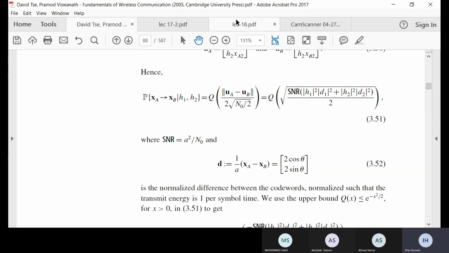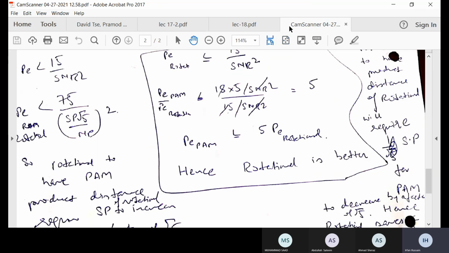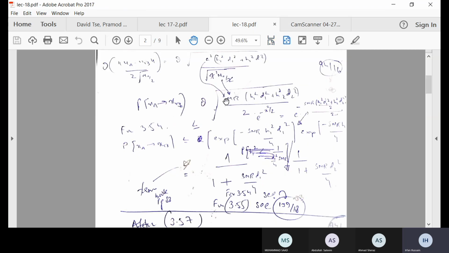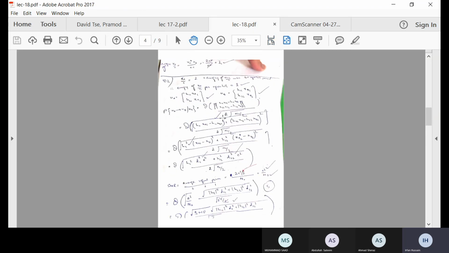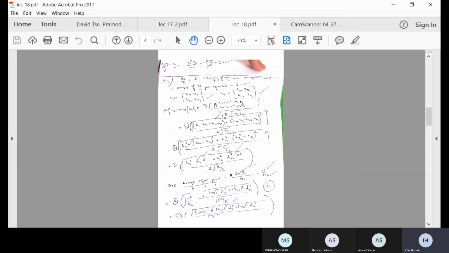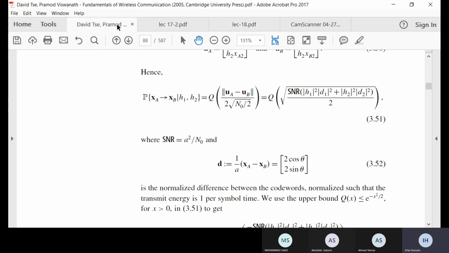Now you will say how this comes, ये मैंने फिर अगले लेक्चर में यहाँ पे इसको। Alright, D is equal to this thing.